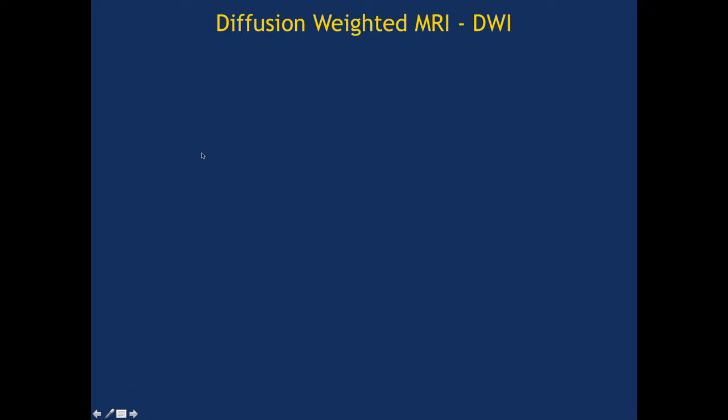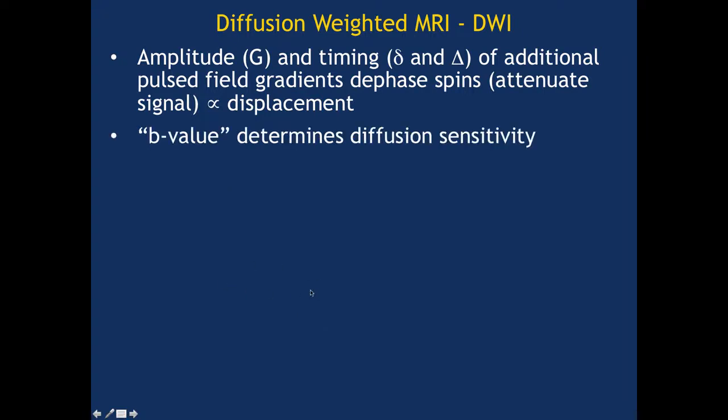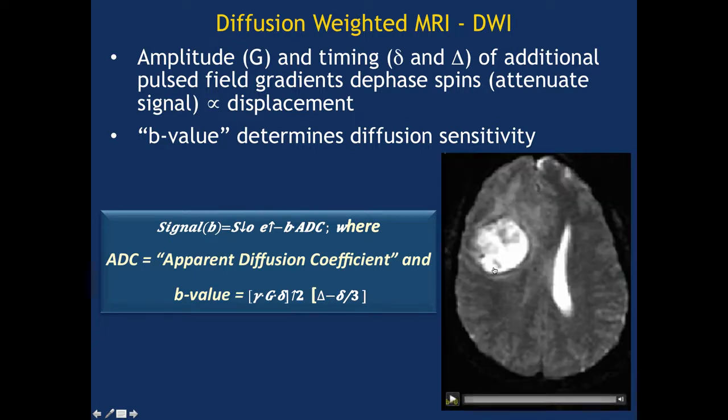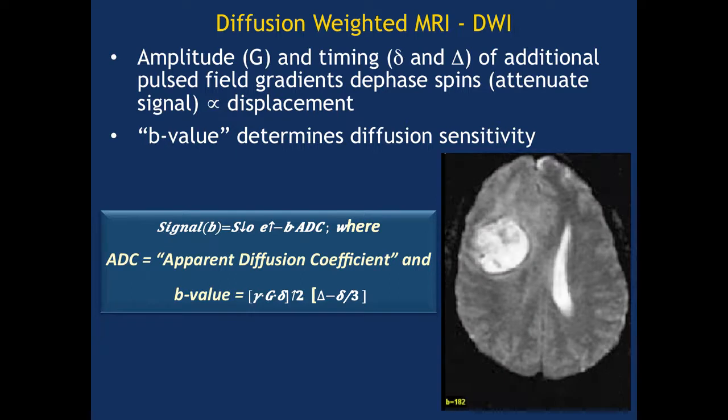So in diffusion weighted imaging, instead of using TR and TE to manipulate contrast, we're using these other techniques. A b value is just a thing that we can set in our imaging sequences to change the contrast in a way that depends on how mobile the signal is.